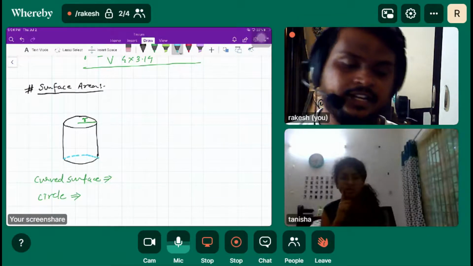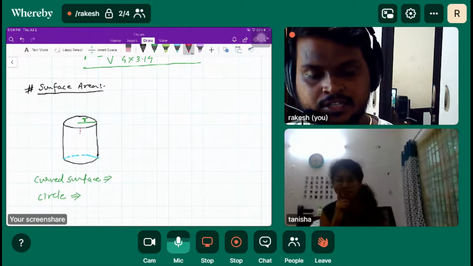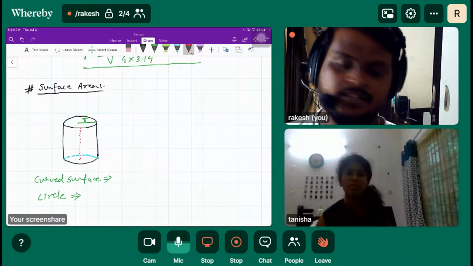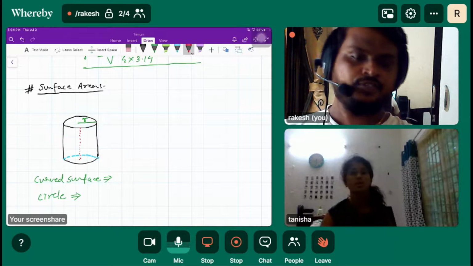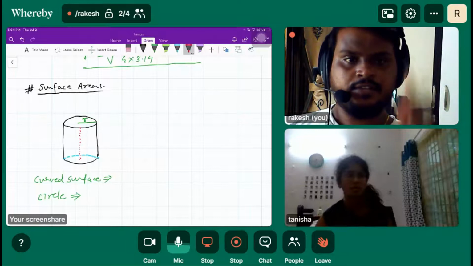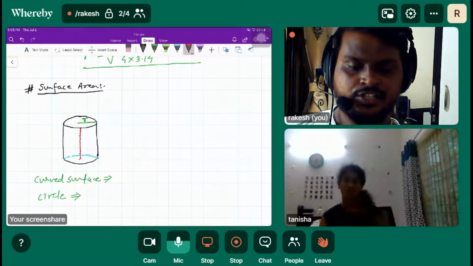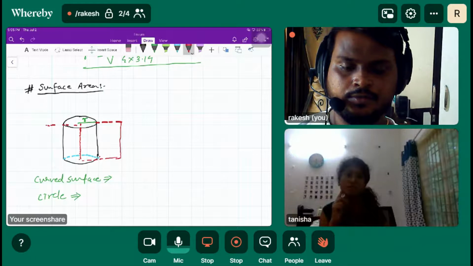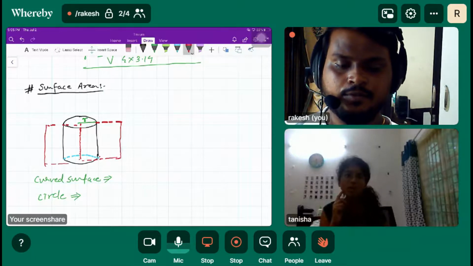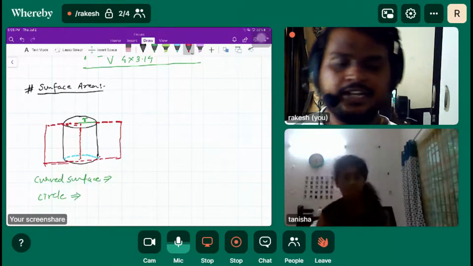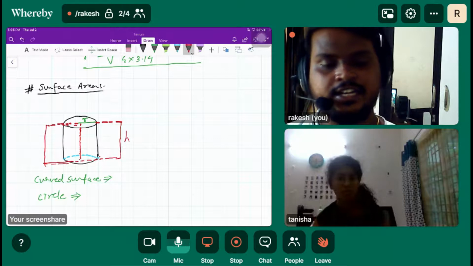circle, right? And if you simply cut this cylinder, right? We have cylinder in our house, as well as a lot of objects available in house. If you cut it by one edge, it will expand like this. And if you open that up, what will you observe? It's a rectangle, with certain height h.